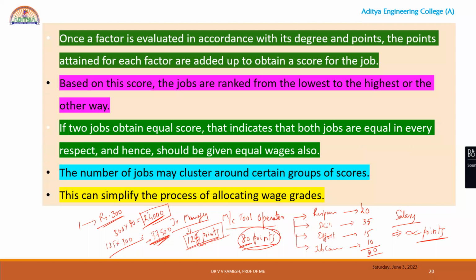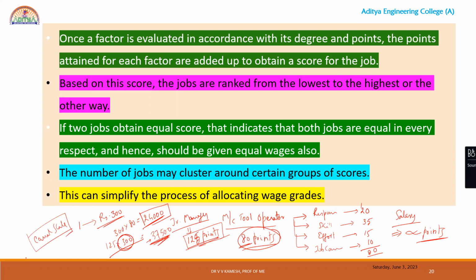Okay. And one more thing, somebody may ask why we are taking 300 rupees or something for each and every point. Once a job is getting some points, all the jobs will come into an equal scale. So scaling means the number of points into, for each and every point, we assign 200 rupees, or we assign 100 rupees, right?